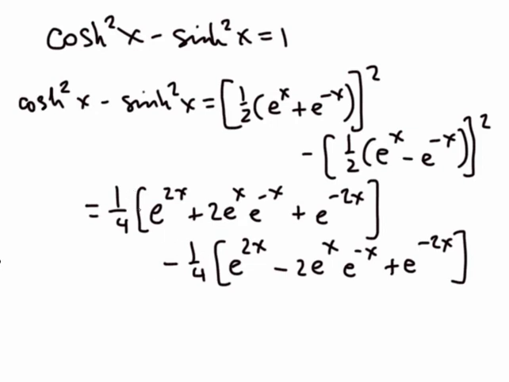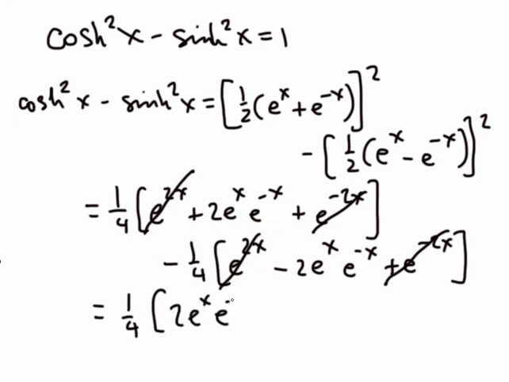So if I look at this, I've got 1/4 e to the 2x minus 1/4 e to the 2x, so those terms are going to end up canceling. And I've got 1/4 e to the minus 2x and minus 1/4 e to the minus 2x, so those terms are going to end up canceling. So I end up getting 2e to the x, e to the minus x, minus minus is a plus, 2e to the x, e to the minus x.